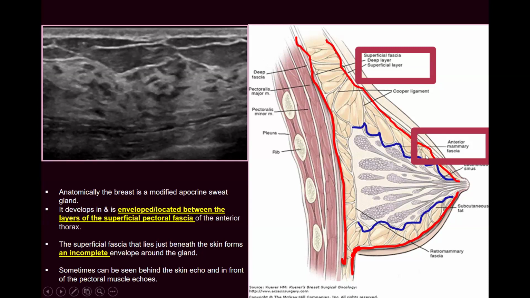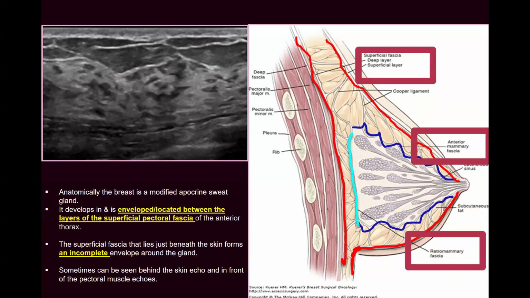So the pre-mammary zone is between the anterior mammary fascia and the skin, including the superficial mammary fascia. This is the anterior mammary fascia, and this is the pre-mammary zone or subcutaneous fat, within which the superficial layer of fascia traverses the pre-mammary zone.